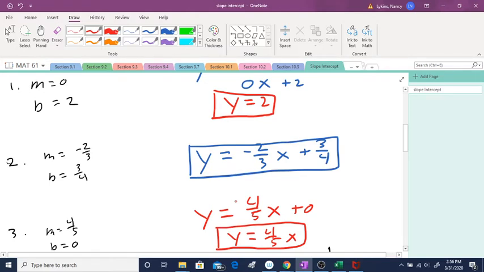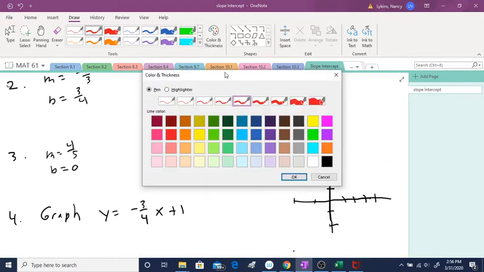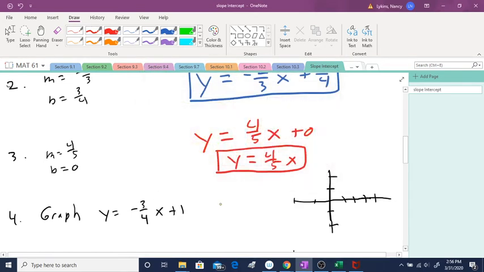Now we're going to apply this to graphing. We're going to graph by this slope-intercept form. Now, I have negative 3/4 x plus 1, and I'm asking to graph this.